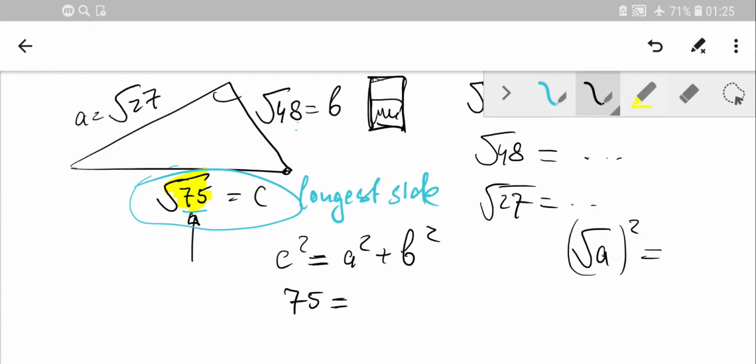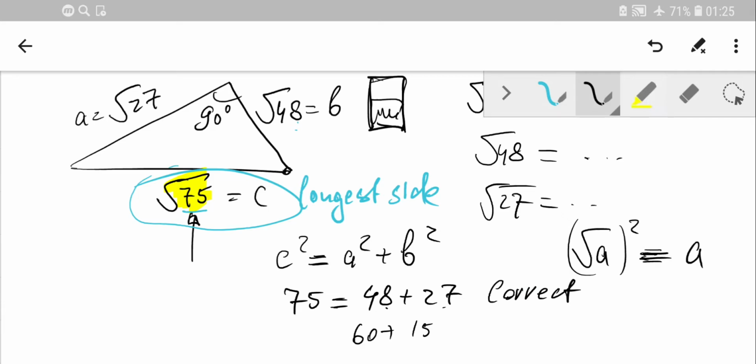This is the main property of surds, or if you're not sure, go back to the indices topic. So we test whether 75 equals 48 plus 27. 8 and 7 is 15, and 60. All right, it works. So this angle is 90 degrees, because the equality is correct.